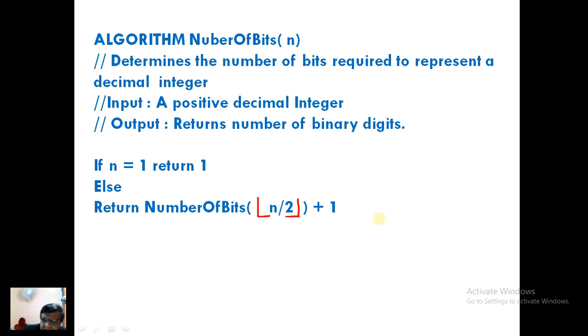Now we will revisit the first problem that we chose, which is nothing but finding the number of bits required to represent a decimal number.